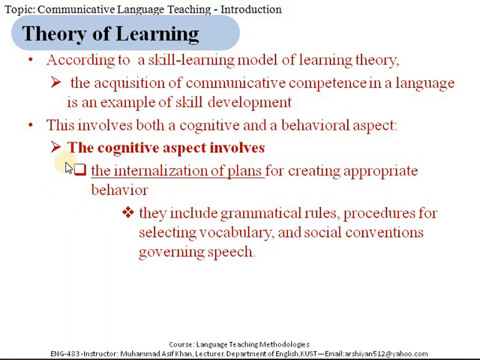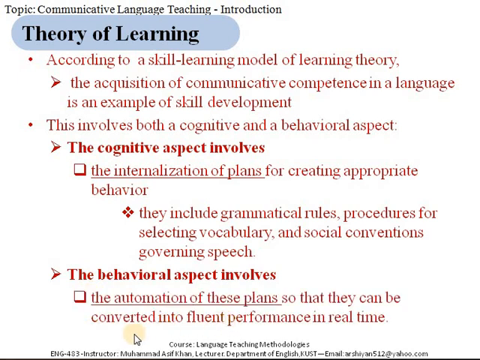And the behavioral aspect involves the automation of these plans or activities, so that they can convert into fluent performance in real life. These two aspects were suggested by Johnson and Littlewood. They proposed the learning theory that is based on the skill learning model.